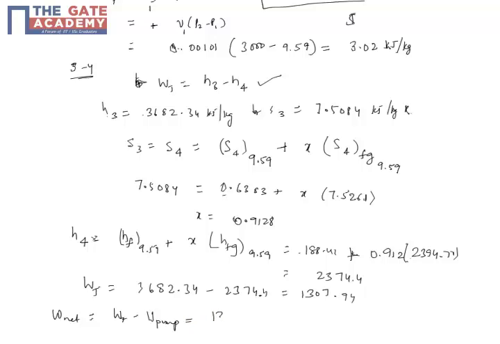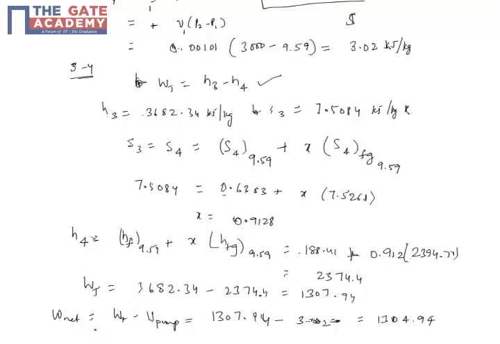So it is 1307.94 minus the pump work of 3.02. The pump work is very, very small. This comes to about 1304.94.